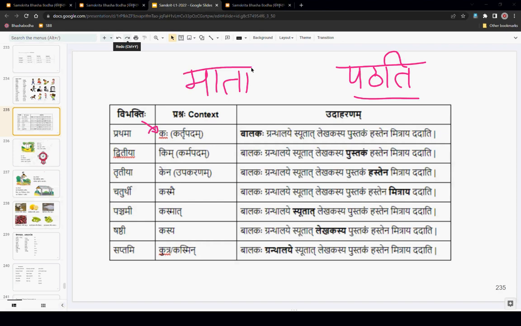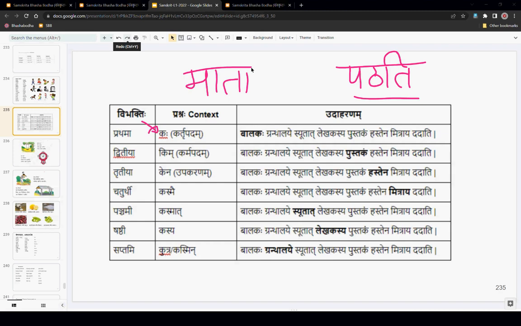Then kim is the next question you can ask. Kim pathati? Mata kim pathati? What could be the answer? Mata pustakam pathati. Any other word you can use other than pustakam?